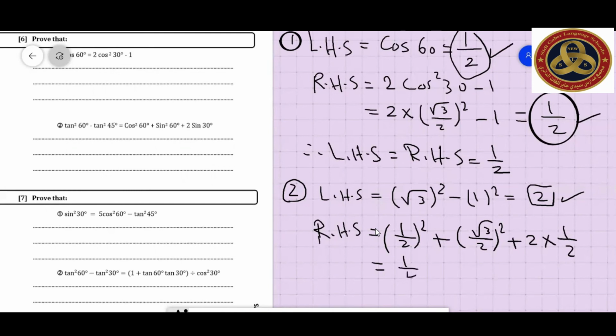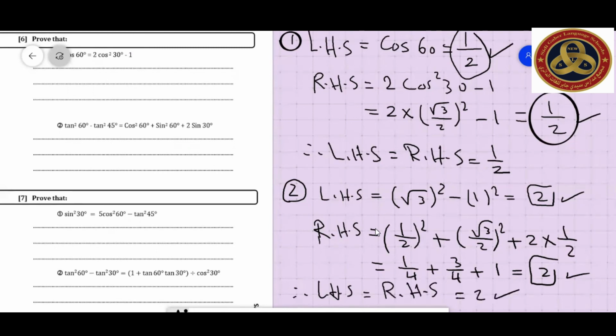This one will be 1 over 4, and this one will be 3 over 4, and 1. 1 plus 1 equals 2. This is the right hand side. So from the left hand side and the right hand side, the value of the left hand side equals the value of the right hand side, which is 2. This is how to solve the proof by using this way.